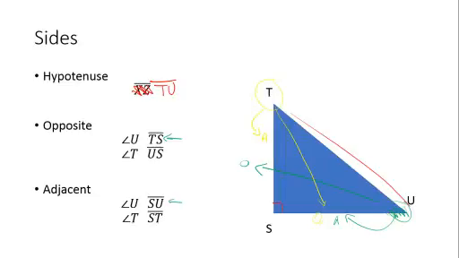That's important. You just have to go, this angle, which one's opposite? It's the one that doesn't touch it. Which one's the adjacent? It's the one that touches it along with the hypotenuse. But the hypotenuse never changes. It's always the same. All right, so that's the intro to this trig section.